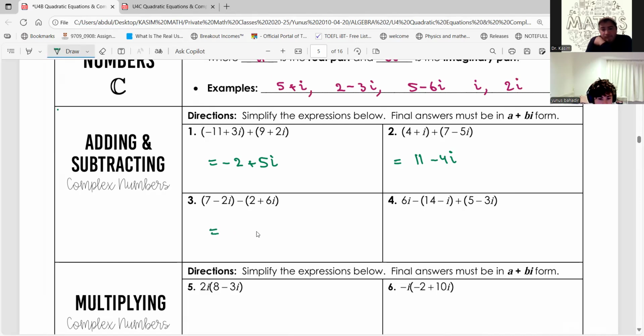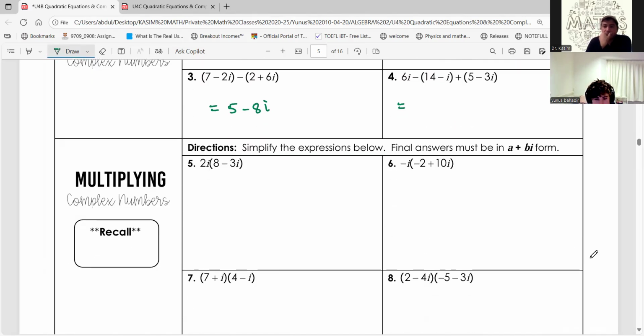Number 3: 7 minus 5... minus 8i. Minus 8i. Number 4: do I spread the negative and then the 6?